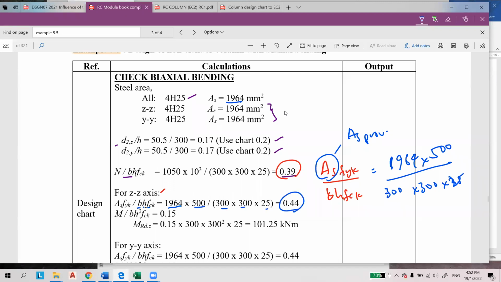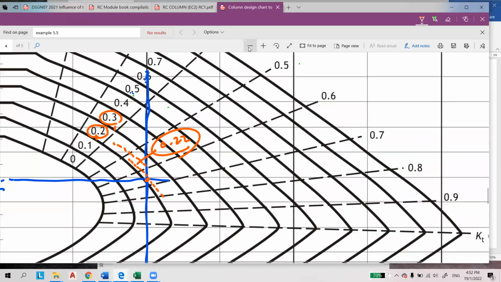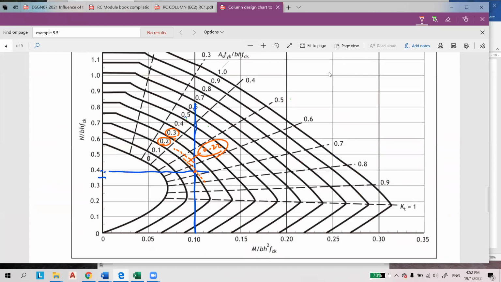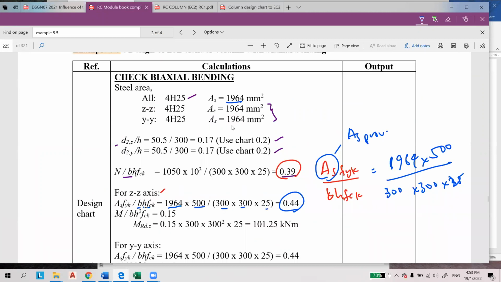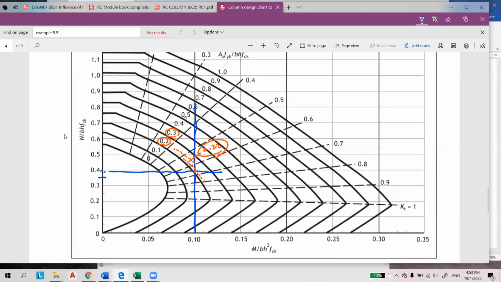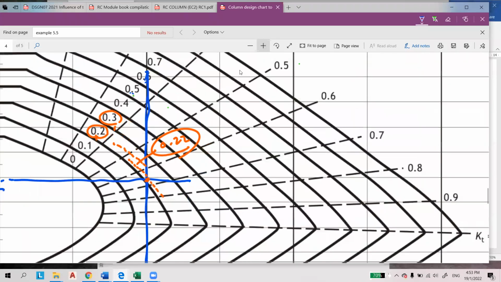So we open the column chart here. The value is 0.39, and the calculated As fyk over b h fck is 0.44. Let me enlarge this chart first.